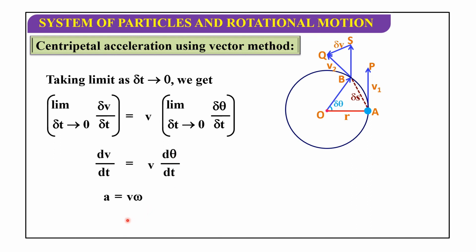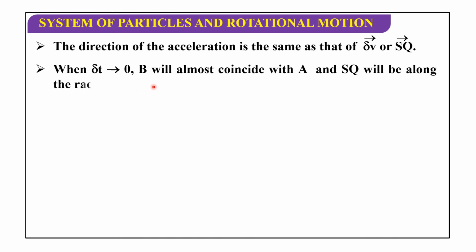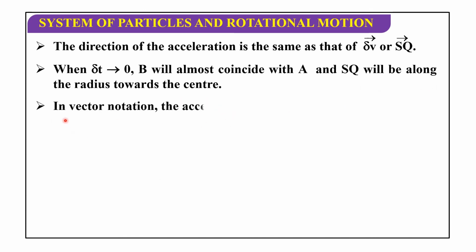So this is the centripetal acceleration using vector method. A is equal to v omega. Therefore A is equal to omega square R, since v is equal to R omega. So the direction of acceleration is the same as that of delta V bar or SQ bar. So when delta t tends to 0, B will almost coincide with A and SQ will be along the radius towards the center. In vector notation, the acceleration is given by A bar is equal to minus omega square R bar.